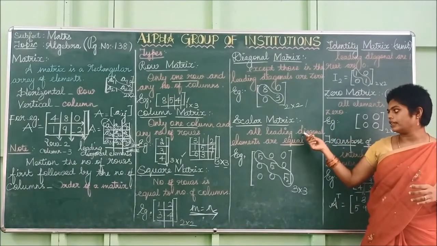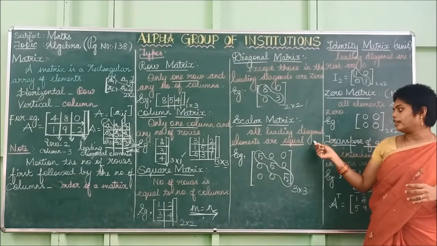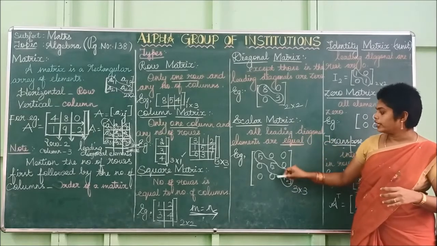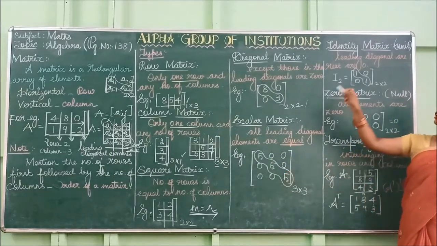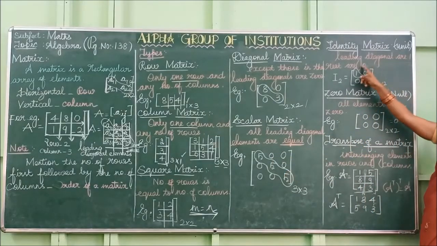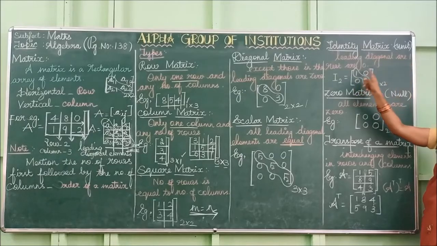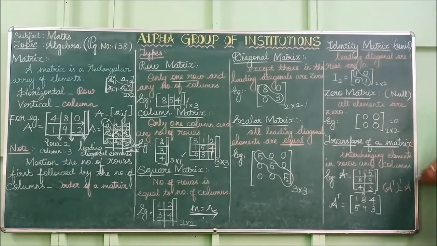Then the scalar matrix: all leading diagonal elements are equal. Whatever you write as the leading diagonal element, all must be equal. Then for the identity matrix, the leading diagonal elements are 1 and the rest are 0.